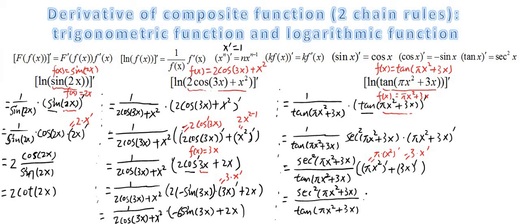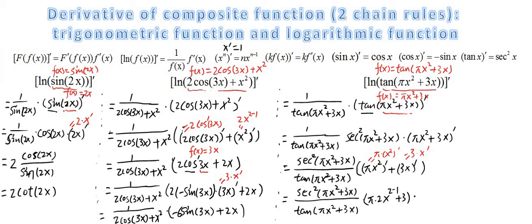And this time we're gonna apply the power rule. So pi times 2x to the power 2 minus 1, and for this term, the derivative of x is 1. 3 times 1 is 3.